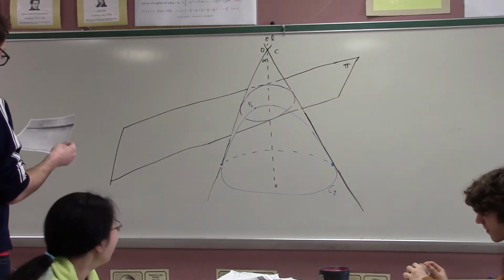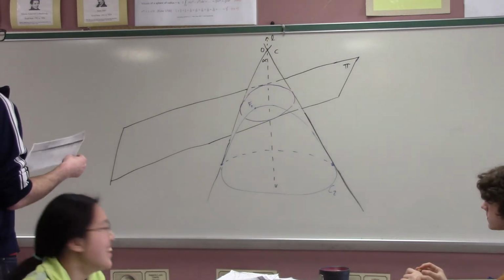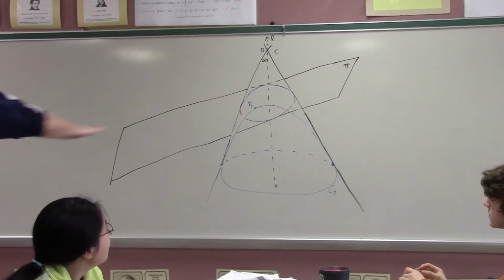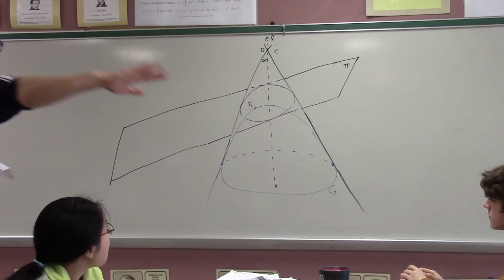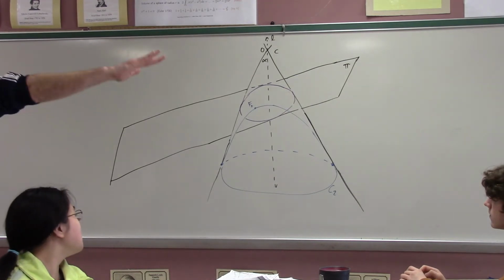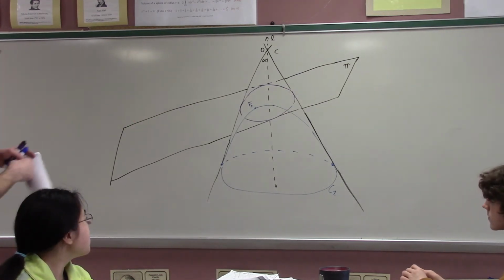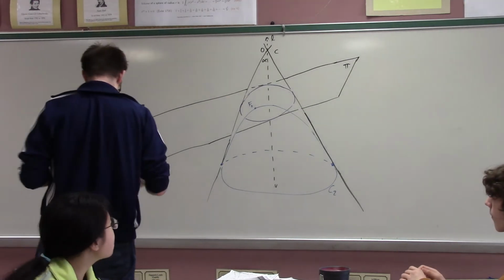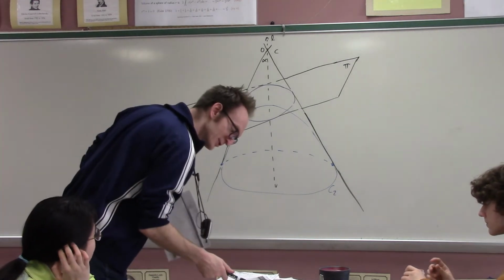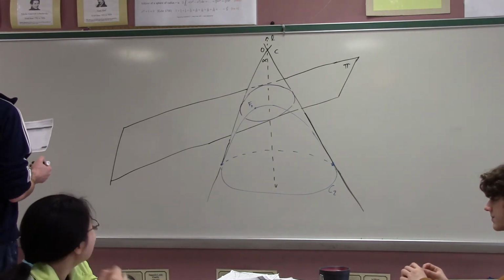Okay, now what we're going to do is we're going to draw the plane through this circle of tangency. Okay, this is the hardest one to draw of all. My own directions of what order to do this in I have not been following. That was a bad idea, I now realize.